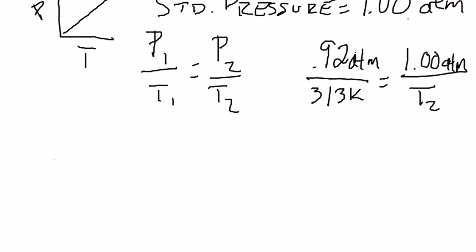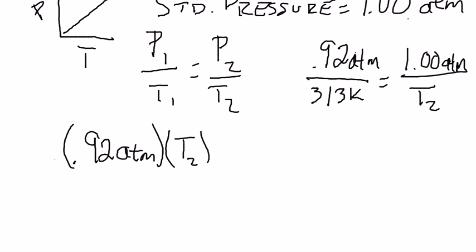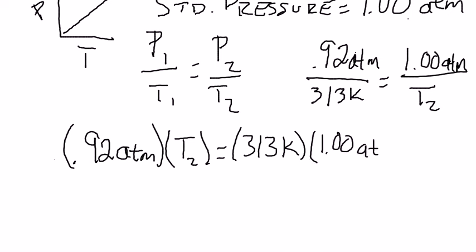Now let's rearrange this equation to make sense of it. We have 0.92 atmospheres times T2 is equal to 313 Kelvin times 1.00 atmospheres.